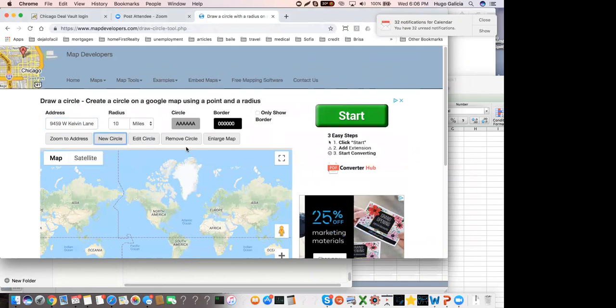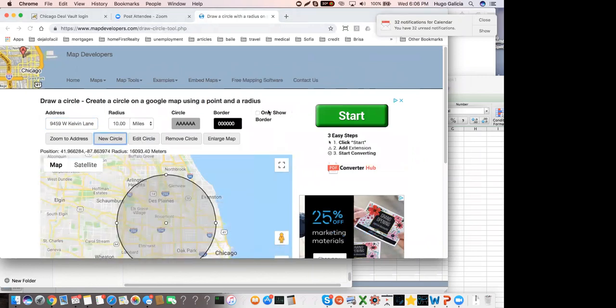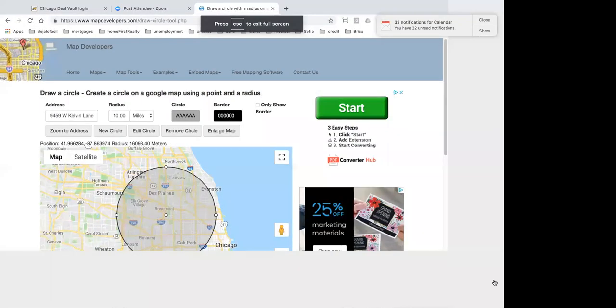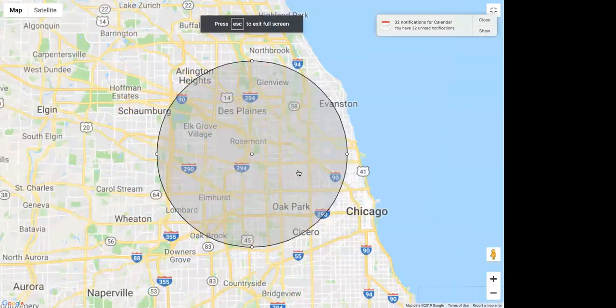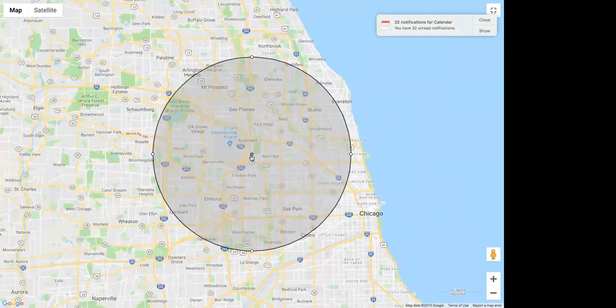And then I'm going to say new circle. Okay, friends, so what I'm doing here is making this a lot bigger so you can see it. I'm just picking a random location. This location is near Rosemont, Franklin Park, Norridge.